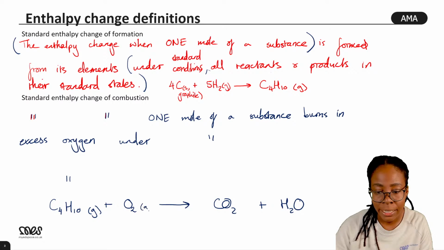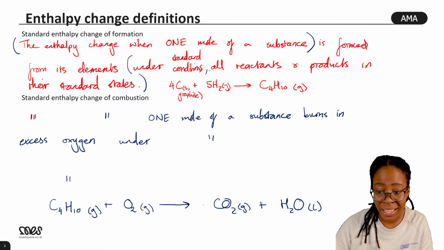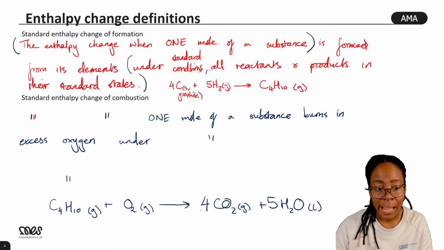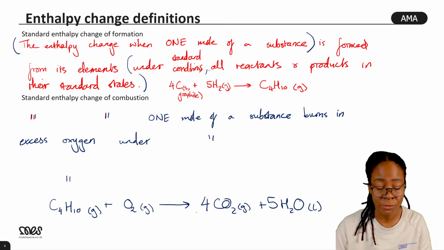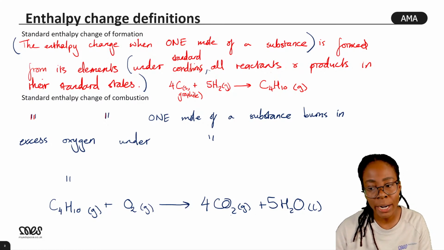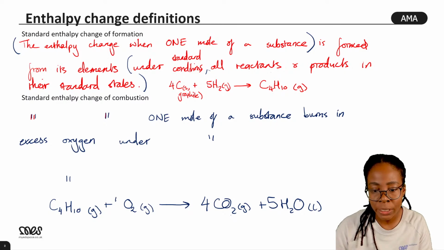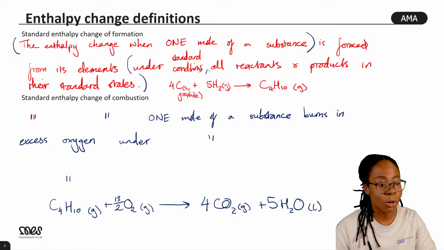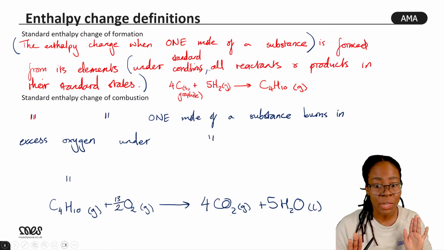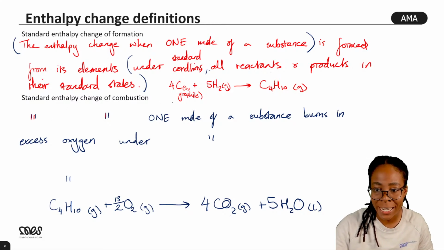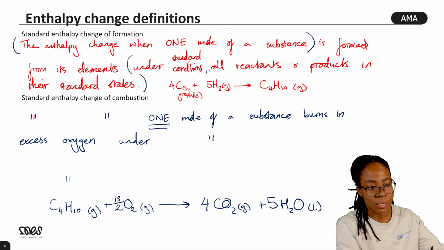So gas, gas, gas, and liquid. And then balancing that, 4 carbon dioxides, 5 waters, and then we balance our oxygens accordingly. So we might need a fraction for this. We've got 8 plus 5 oxygens on the right, so 13, which means that we'll need 13 over 2 oxygens. And we cannot double that, because by definition, we can only be burning 1 mole of our substance.